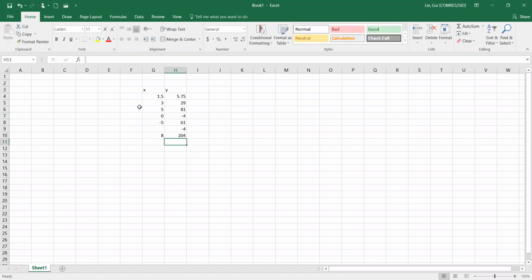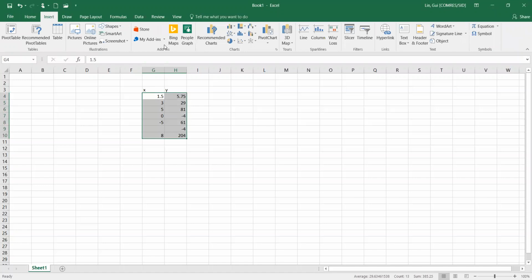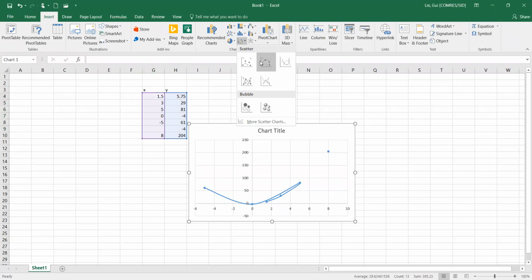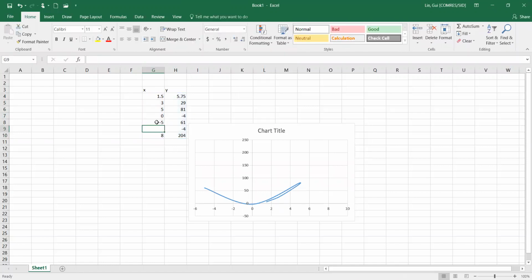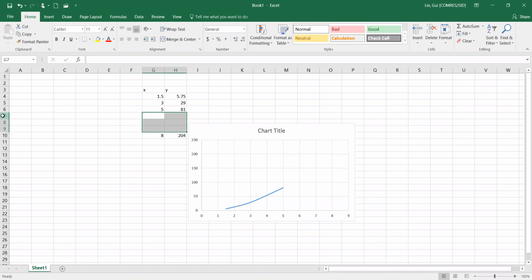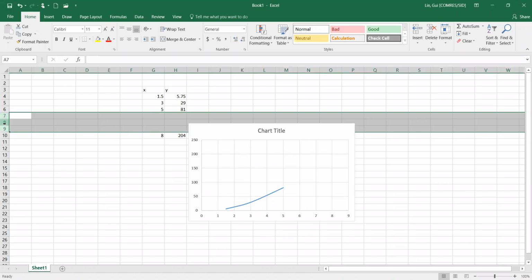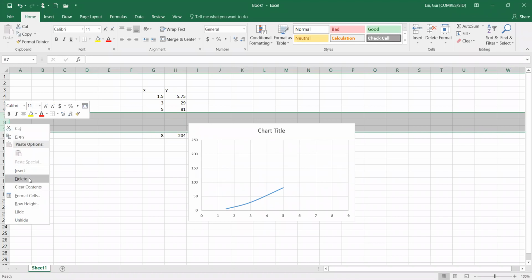If you graph these numbers, let me graph here. Insert, and I take this out. The X is a sequence of numbers from the smallest to the biggest.